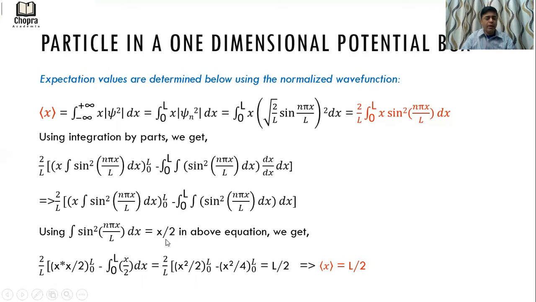So we can open it up and we use the formula for indefinite integral of sine square n pi x by L dx to be equal to x by 2 in this equation.